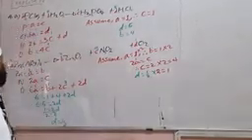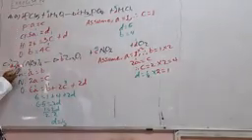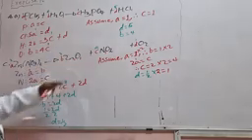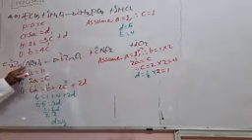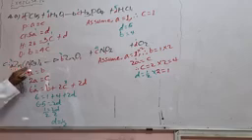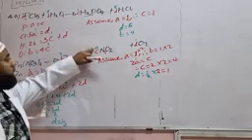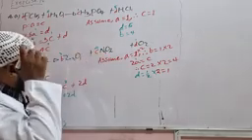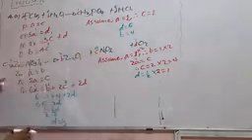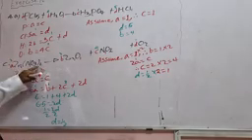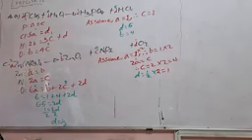Now you can count. 2 zinc, here also 2 zinc. Here nitrogen 2 times 1, 2, 2 times 2, 4, 4 nitrogen; here also nitrogen 4 times 1 is 4. Oxygen 2 times 2, 4, 4 times 3, 12, 12 oxygen.